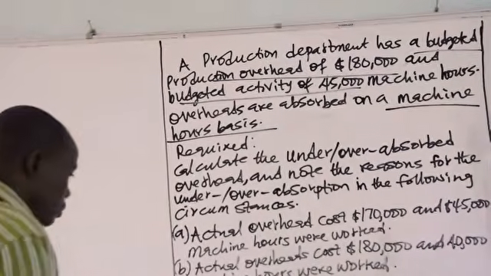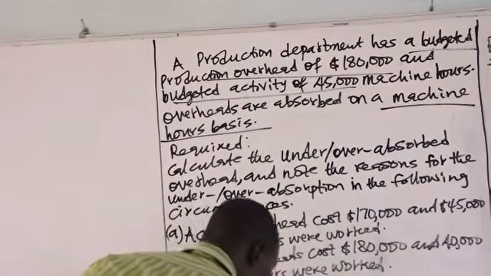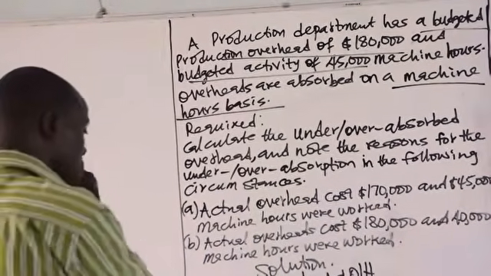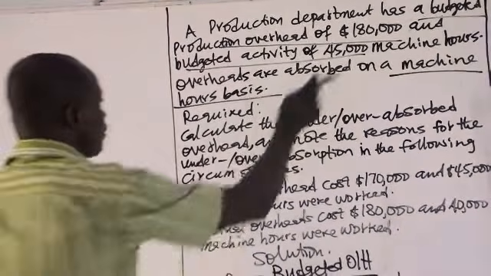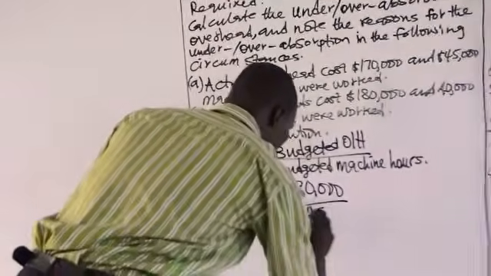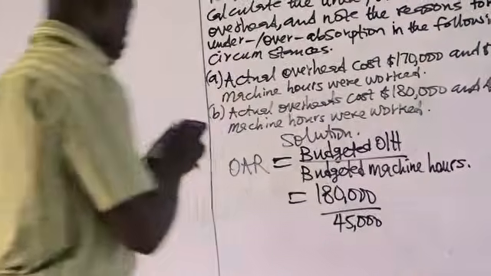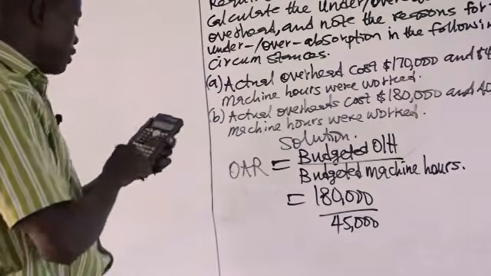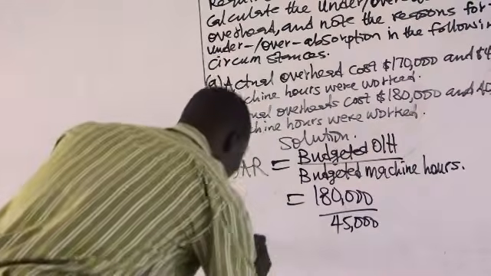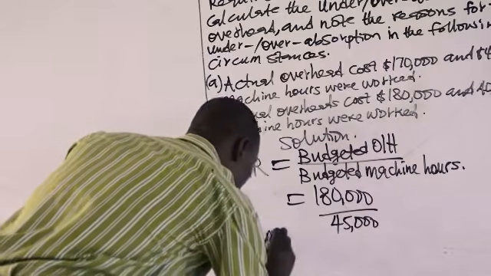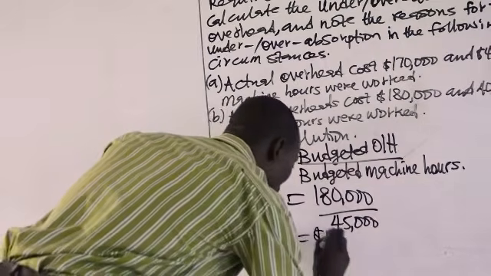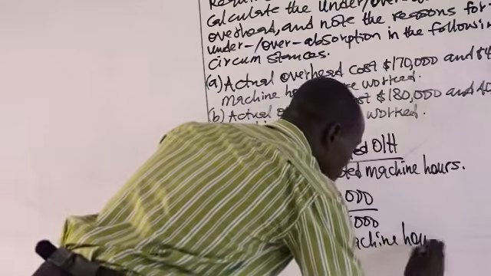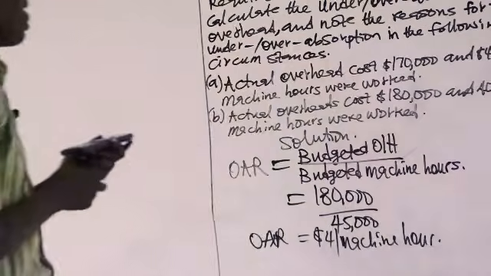Budgeted machine hours is 45,000. So 180,000 divided by 45,000 will give us a $4 overhead absorption rate. It will be $4 per machine hour.